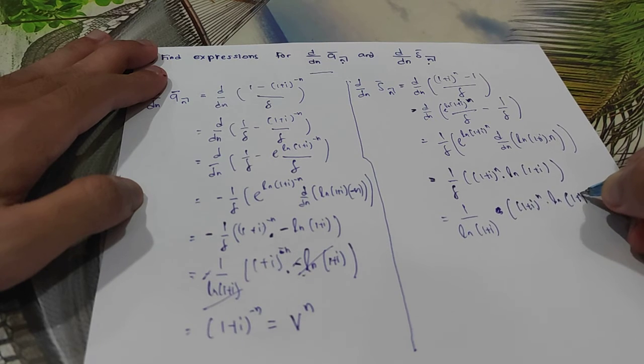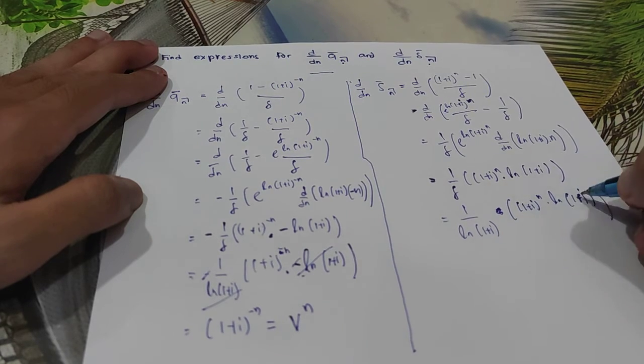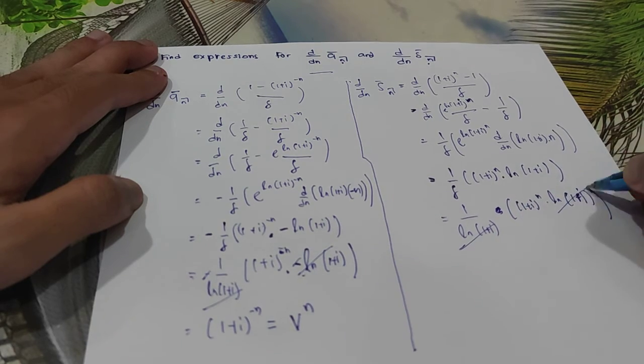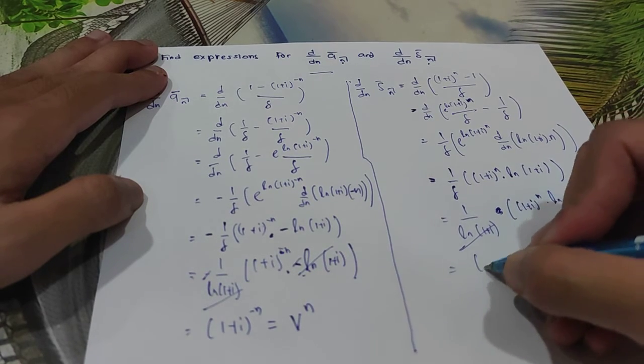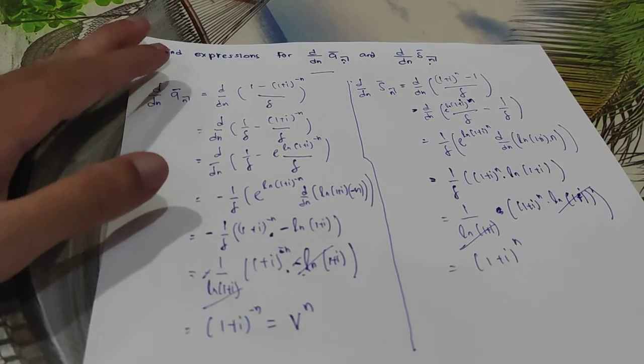It is the same as this, so we can cancel out, and the final answer we get is (1 plus i) to the power of n.